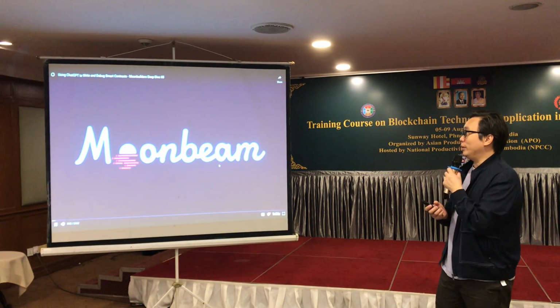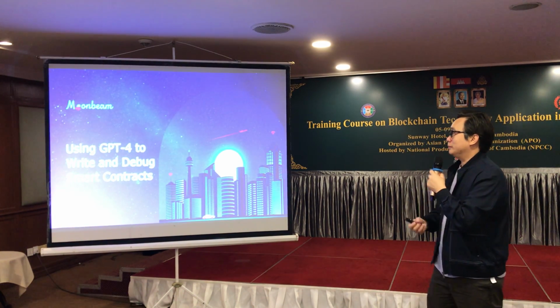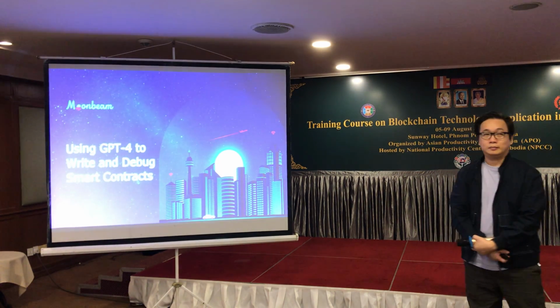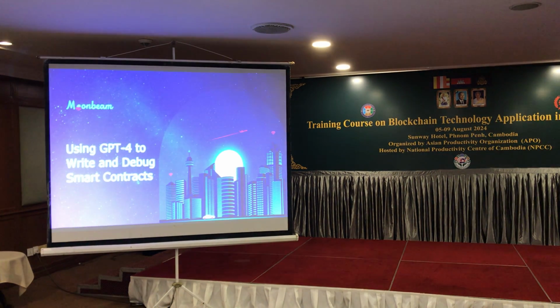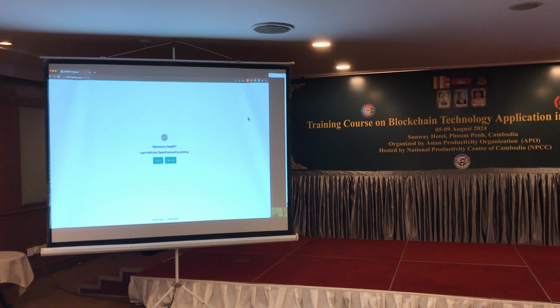Hello everyone, it's Kevin, and welcome back to another tutorial. In this video, we'll be taking a look at how ChatGPT can help you with your smart contract development. GPT-4 is the latest version of OpenAI's AI language model, and that's the version we'll be looking at today. Essentially, it's a super advanced chatbot that is way smarter than any chatbot you've ever interacted with in the past.